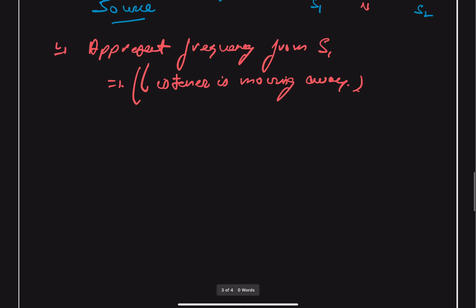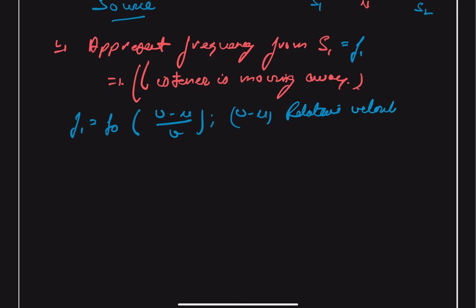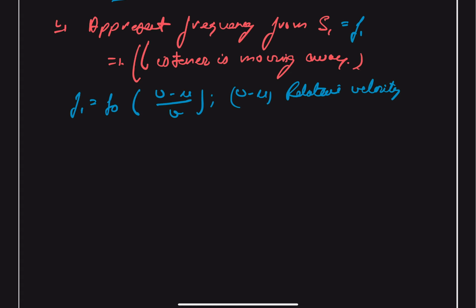So therefore you can write that if the apparent frequency is given as f1, our f1 is equal to f0 (v minus u) divided by v, and here v minus u is nothing but the relative velocity of source and listener.